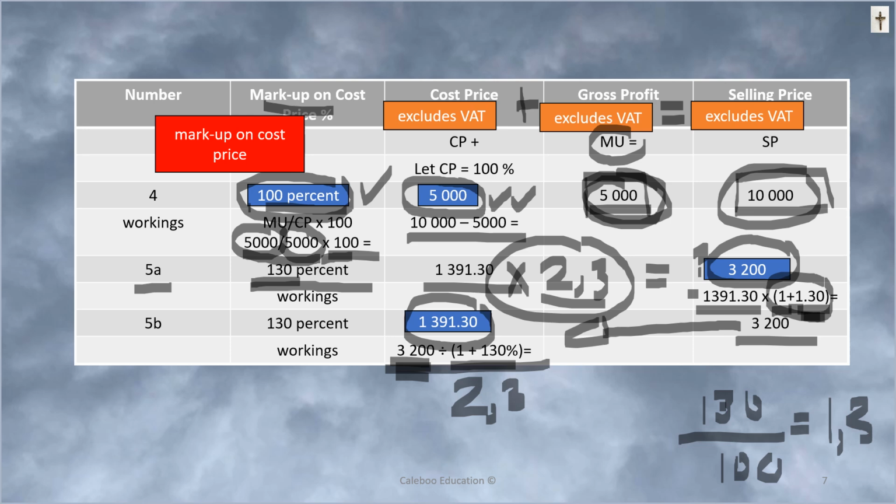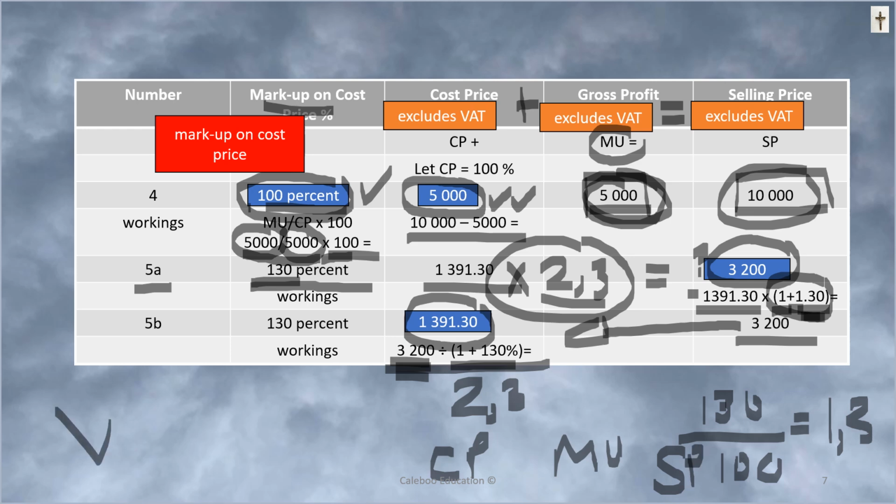These calculations, they take practice. If you want to be good at anything, you take this table and you practice. You practice working out the cost price. You practice working out the markup. You practice working out the selling price.